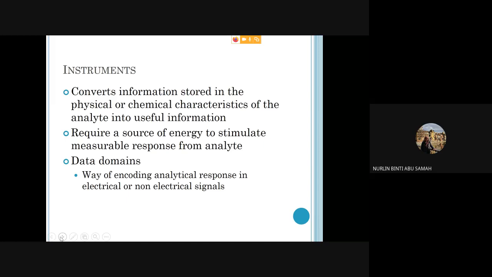Okay, so for the instruments, we can convert the information stored in the physical or chemical characteristic of the analyte into useful information. This is the concept.